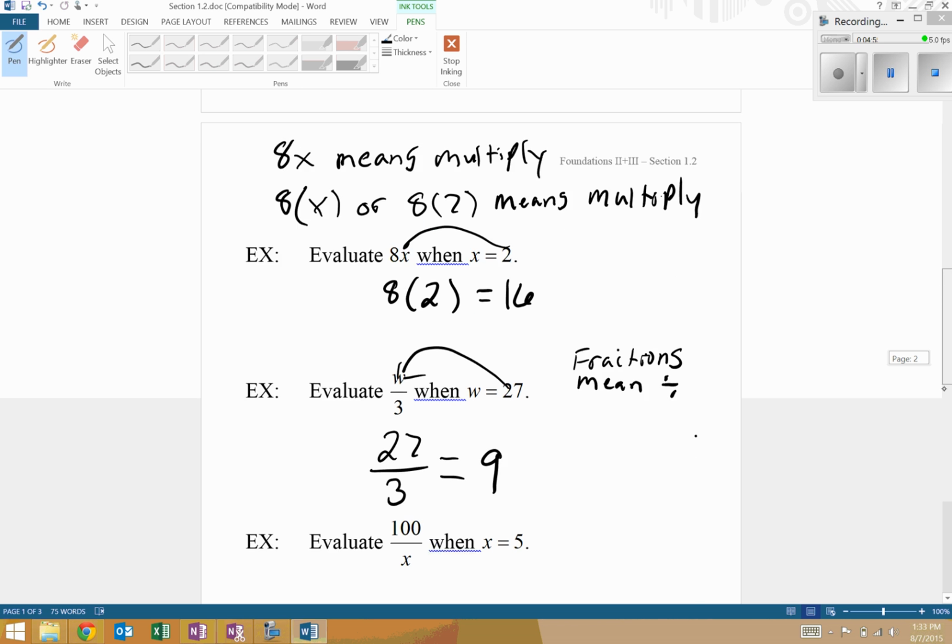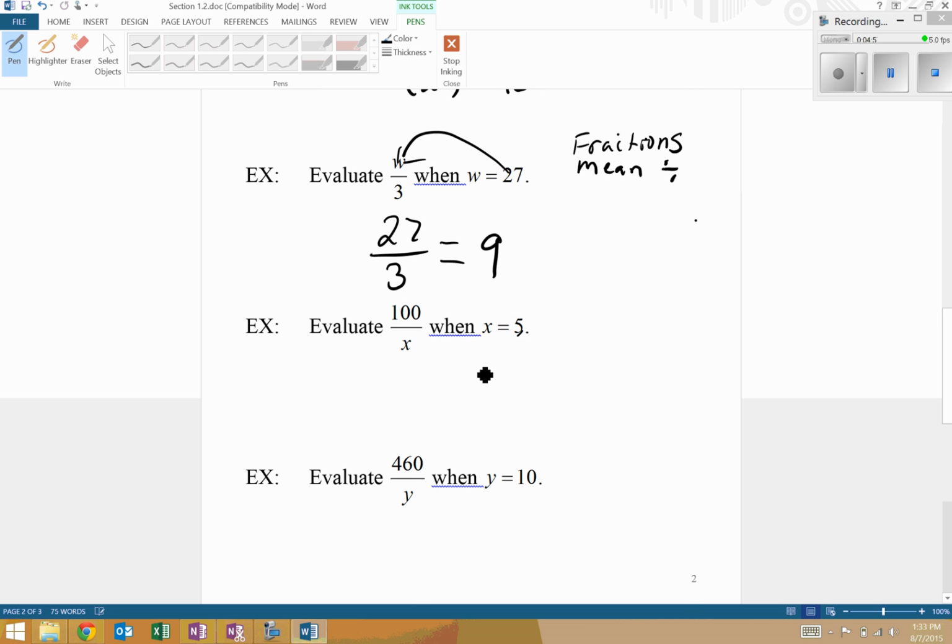Same thing here, except now we have something on the bottom, so I'm going to plug it in on the bottom. 100 over 5, but again, that means 100 divided by 5. So what that's really saying here is the top is always going to be like on the inside of the fraction bar, so 5 going into 100, of course, would equal 20.